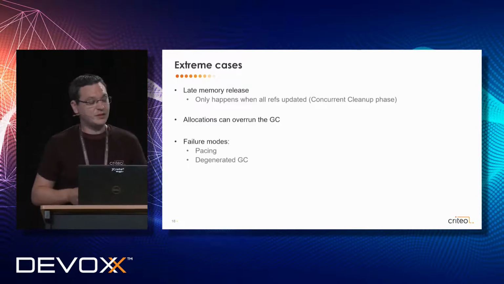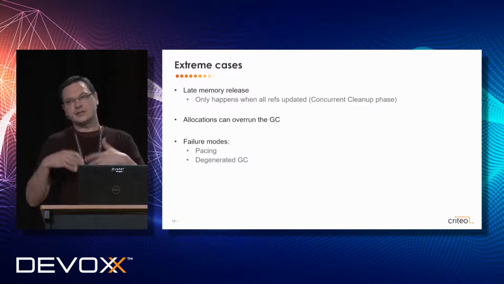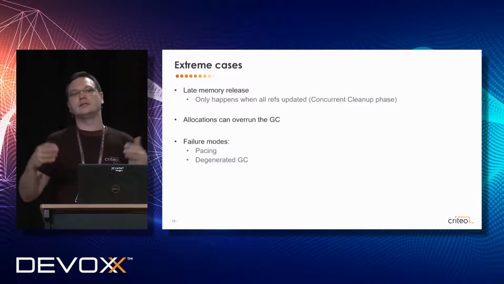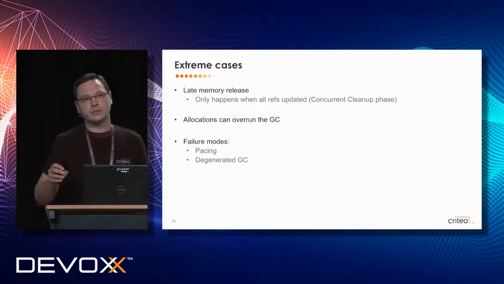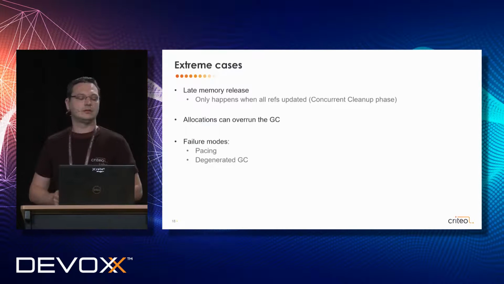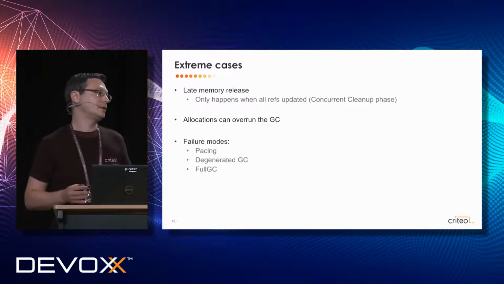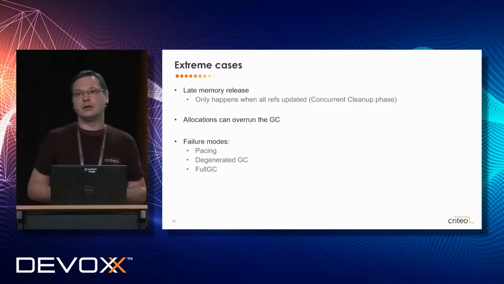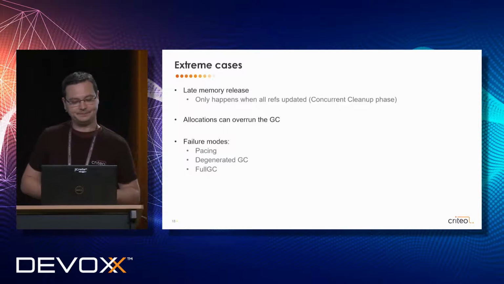The second mode is the degenerated GC. It starts with a regular cycle, and then if we cannot keep up, it will stop all the application threads in stop-the-world mode and finish the cycle in this stop-the-world phase. And then if it cannot keep up again, it falls back to a regular full GC, a parallel full GC.